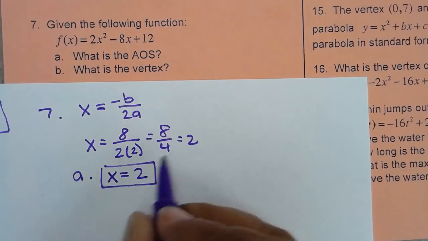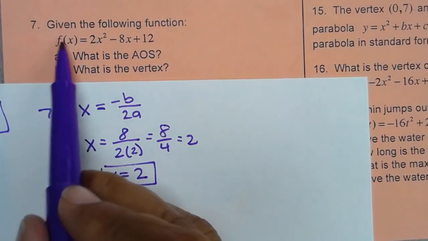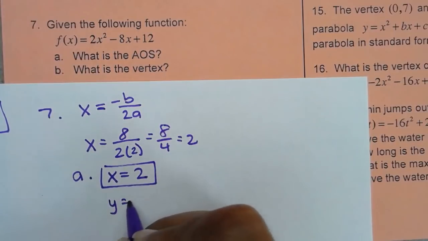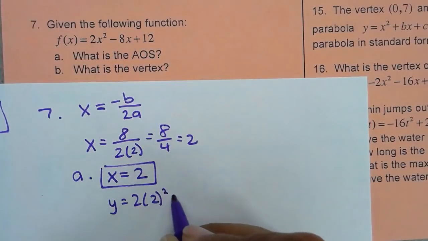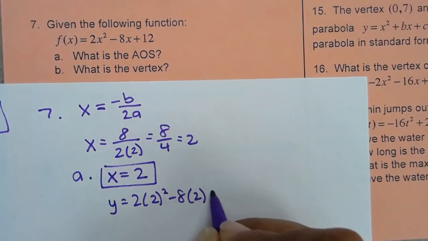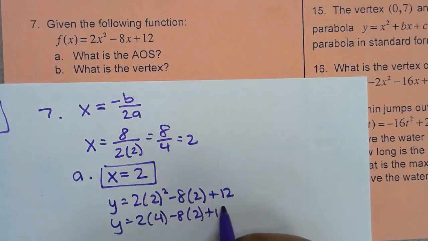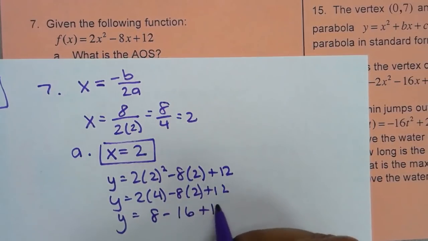So to solve for y, we're going to plug the 2 back into this equation so we can solve for it. Remember, f of x is the same thing as y. So y equals 2 times, plug the 2 into that x squared, minus 8 times 2 plus 12. All right, let's go ahead and simplify. Do exponents first. 2 squared is 4, and then you multiply, and 2 times 4 is 8, minus 16 plus 12.